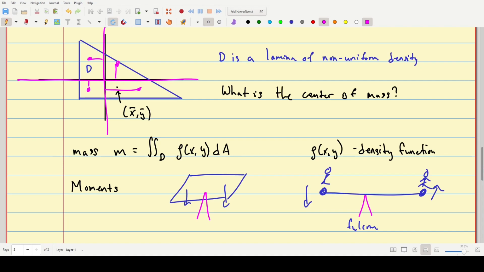So the elements of the mass that are away from the y-axis are going to contribute to the location of the x coordinate for the center of mass. And the elements of the mass that are away from the x-axis are going to contribute to the y location for the center of mass, because it's the moments trying to twist the thing.